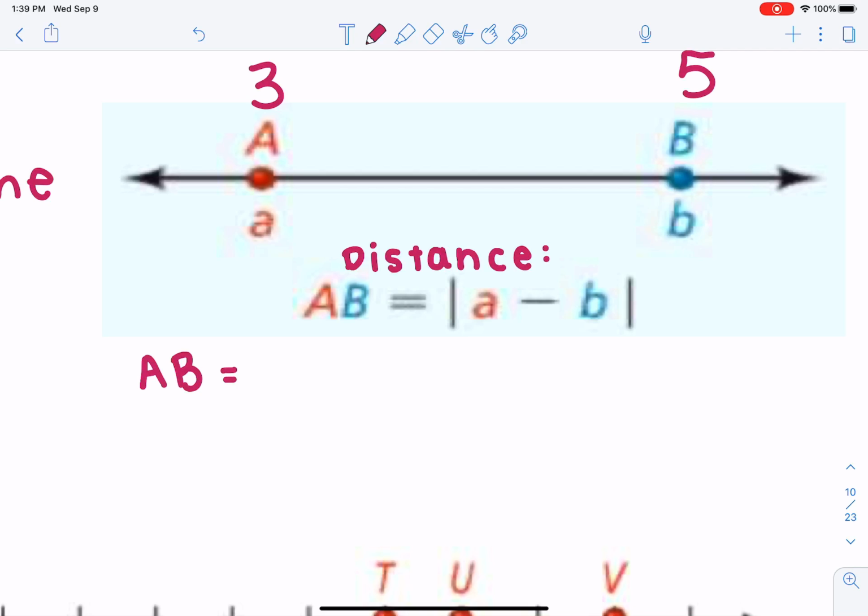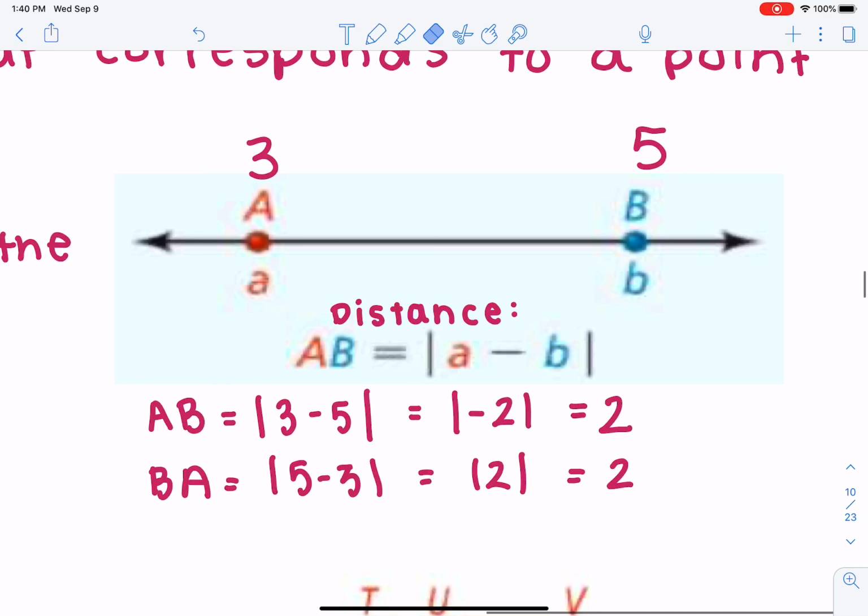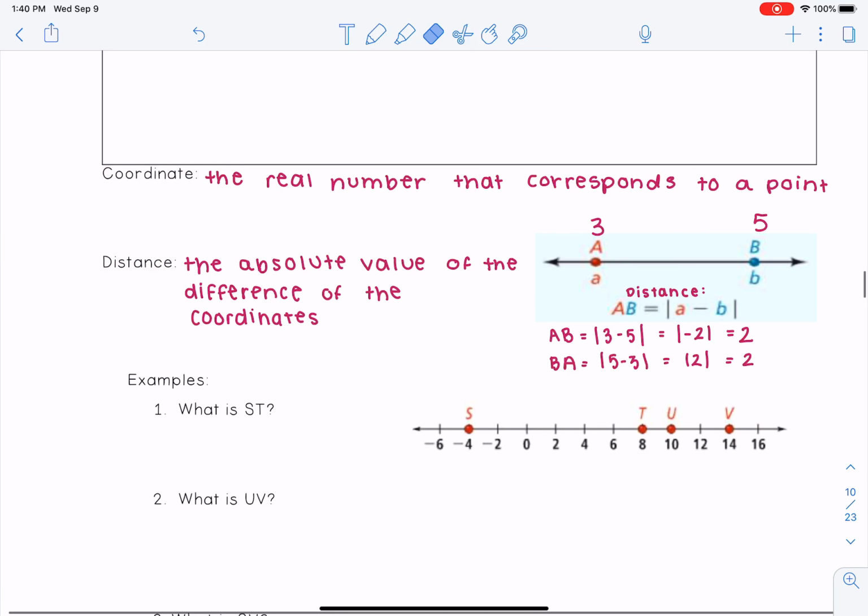So the distance AB is 3 minus 5, which is the absolute value of -2, which is 2, which is the same thing if we did BA. You could say 5 minus 3, which is the absolute value of 2, which is 2. So notice the distance from A to B is the same as the distance from B to A. That kind of makes sense, but we have the math to back it up now.